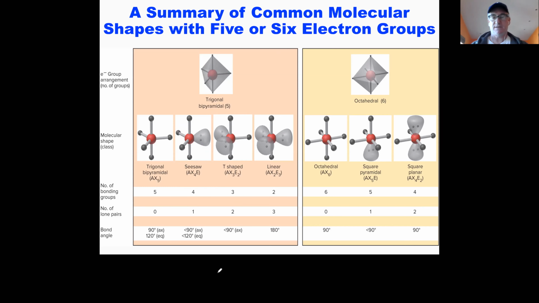Excuse me, sir. How do we describe the geometry shape of AX6? Octahedral. Yes, because we can see all of these atoms, so in this instance the shape and the geometry are the same. Same with when there's 5: the group is trigonal bipyramidal, and the shape is trigonal bipyramidal, because they're all atoms.